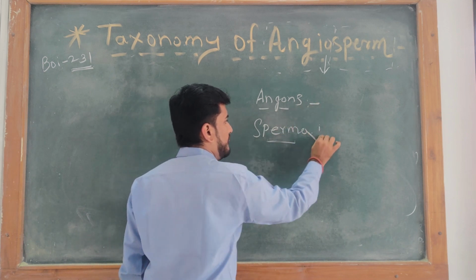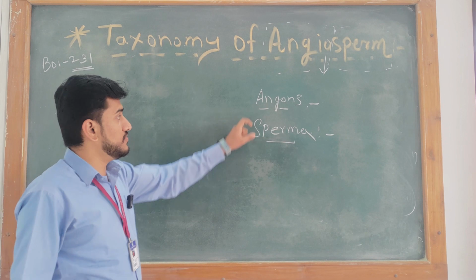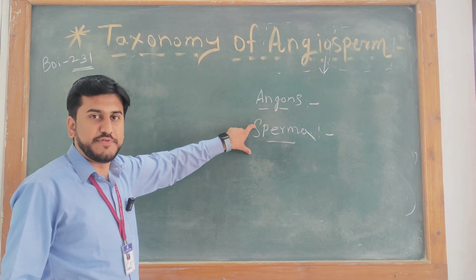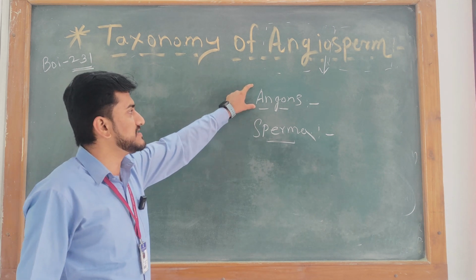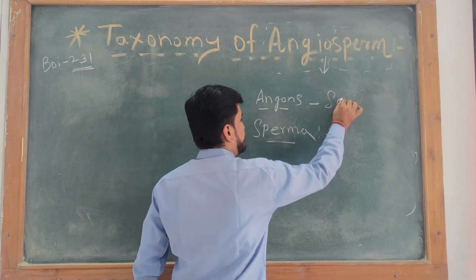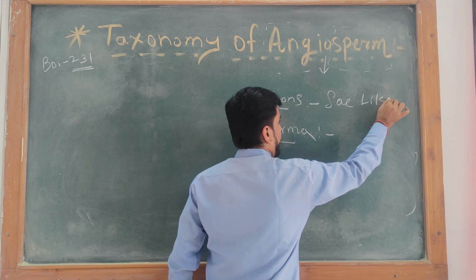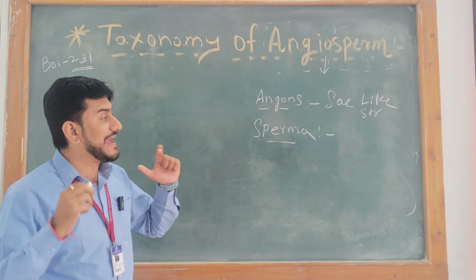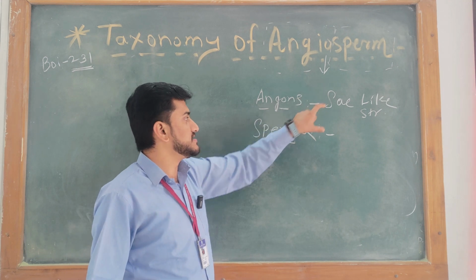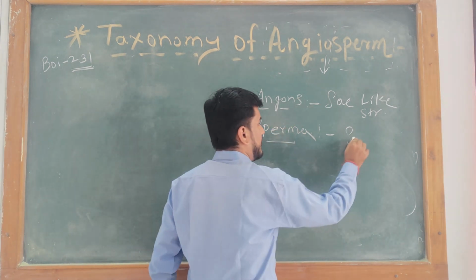What is the meaning of angiosperm? These two words are vice versa to each other. Angions means sac-like structure, and sperma means seed.